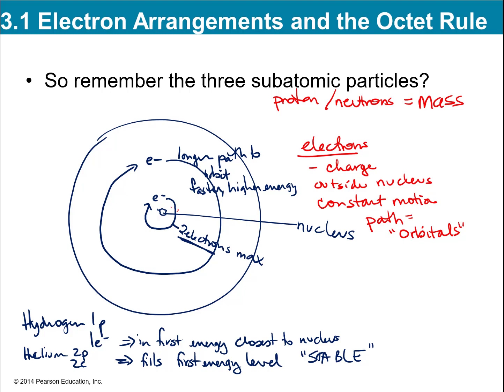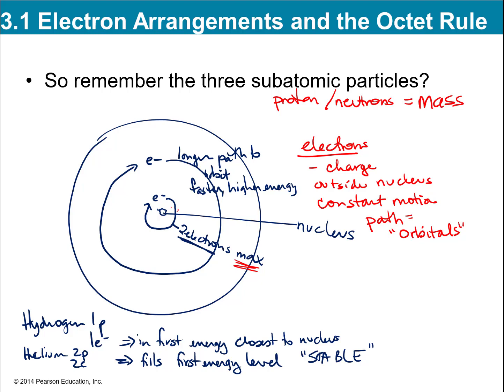Helium looks like it's on the opposite side of the table, but in fact they differ by only 1 proton. Helium has 2 protons and 2 electrons. Those 2 electrons also fit in the first energy level, but that is as many as it can fit. This is the maximum.